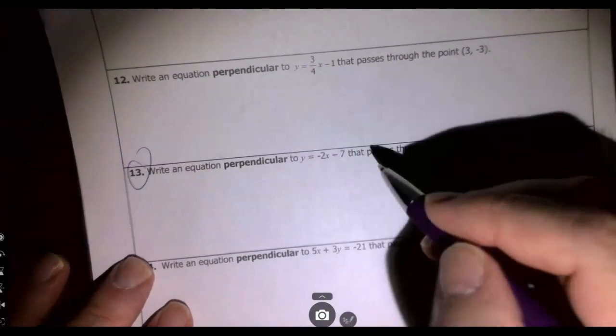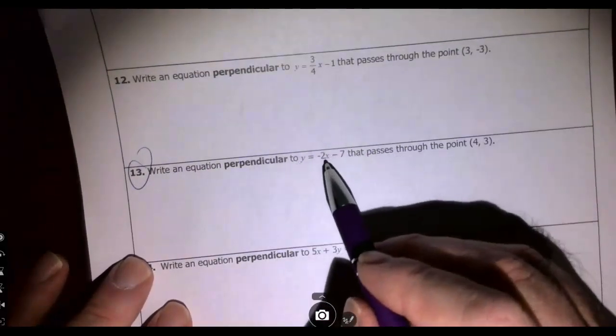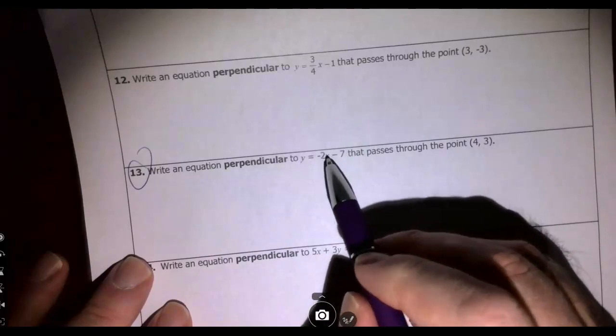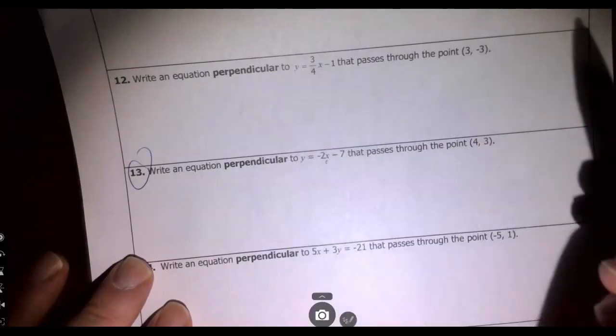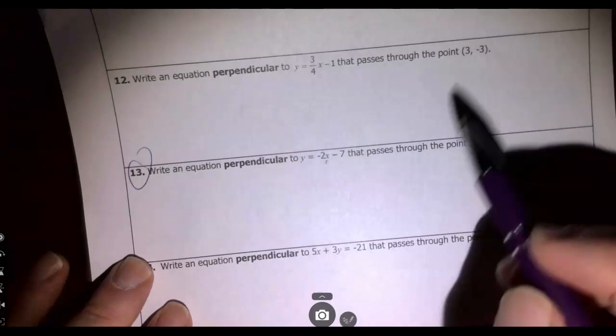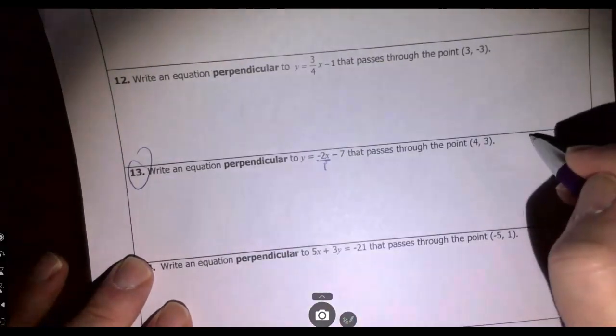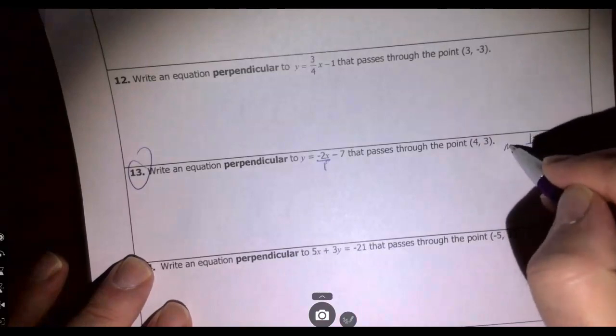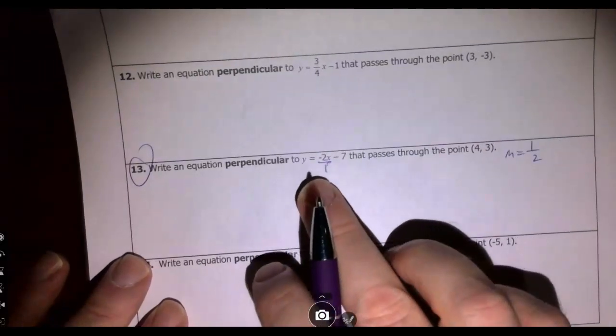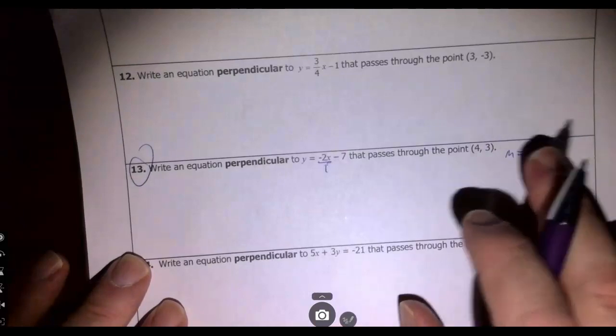Remember that if something's perpendicular, if something's a negative slope to start out with, the other one's going to be positive and flipped over. So this is negative 2 over 1, so 1 over 2 is the slope we want. So the flip and the sign change.